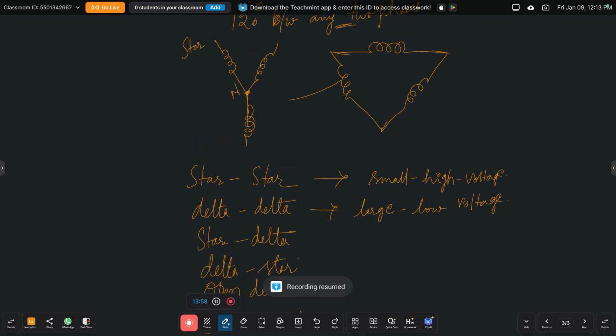We discuss these two first, then we can understand star and delta easily. Star and delta is used for small and high voltage ranges, and delta to delta for large and low voltage ranges.